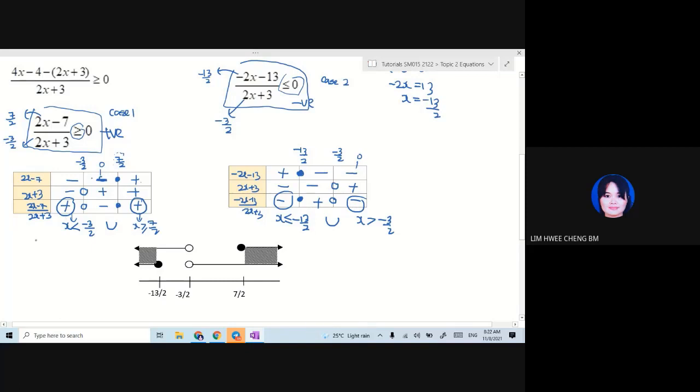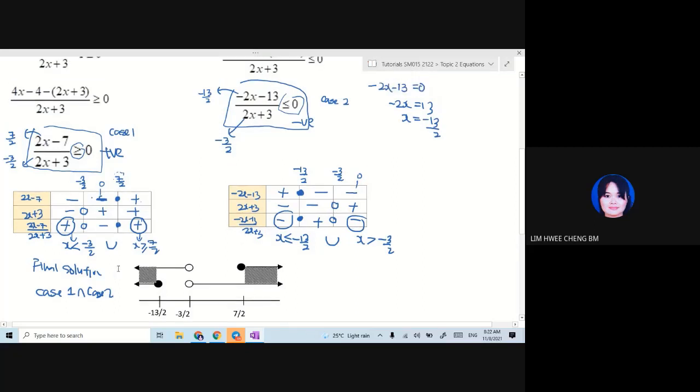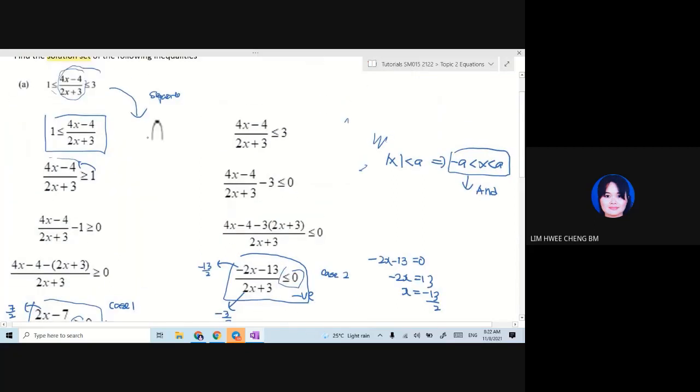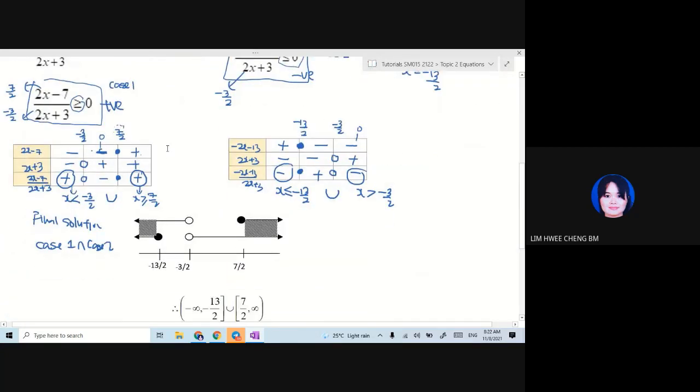Okay, so come to the final solution. Since we have the and, you should intersect. Yesterday I mentioned, if you have a case with and, you must end your solution with the intersection. So this is the answer for case 1 and this is the answer for case 2.